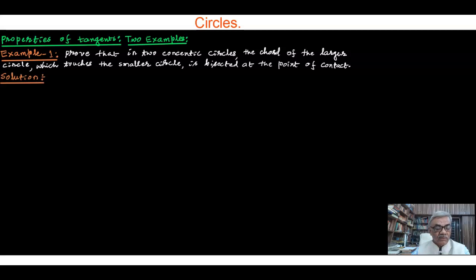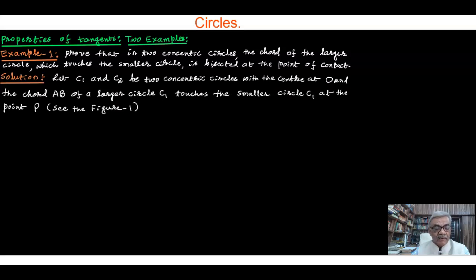Solution: let C1 and C2 be the two concentric circles with the center at O, and the chord AB of the larger circle C1 touches the smaller circle C2 at the point P.